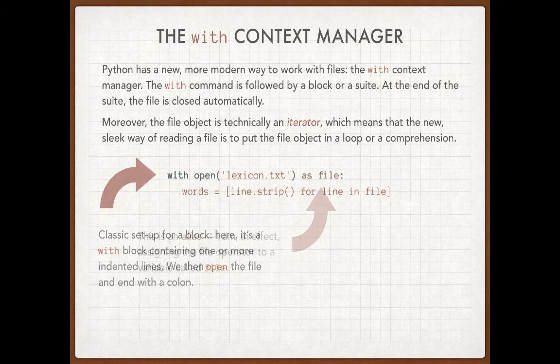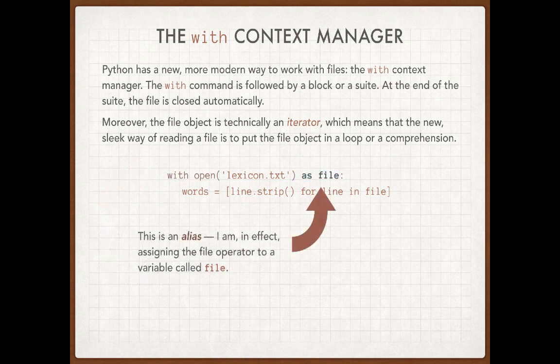You'll notice, though, that I'm also doing a thing here called aliasing. I'm creating an alias for that file object. This is a lot like assigning it to a variable. And if you want to think of the word file here as a variable, that makes tons of sense.